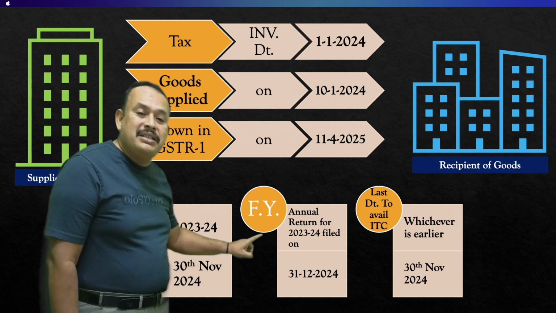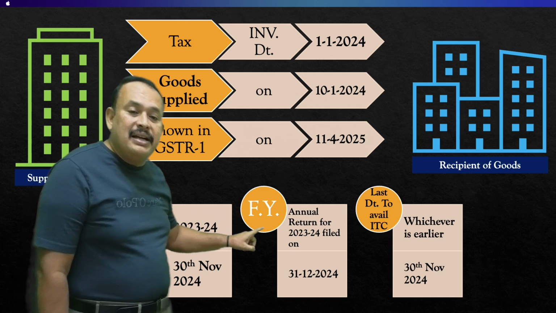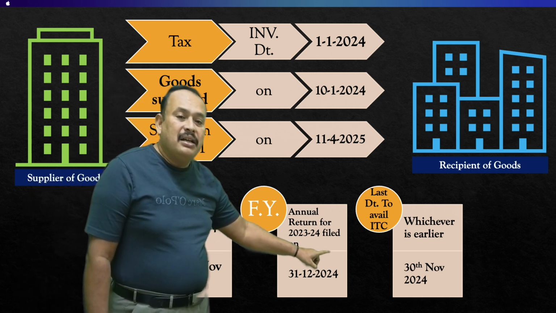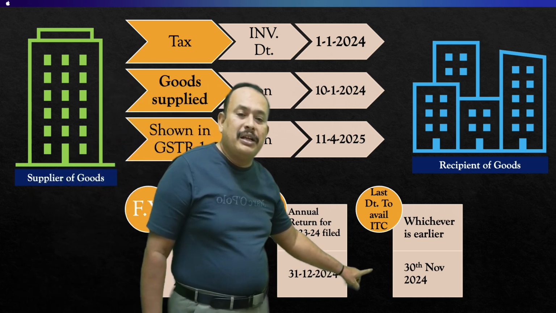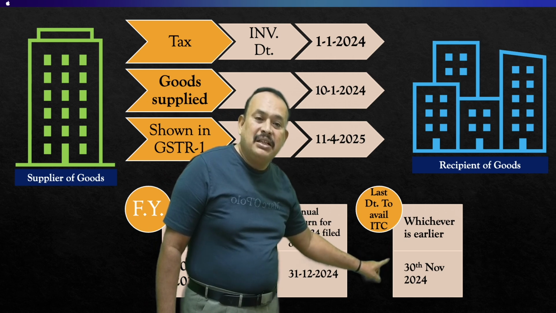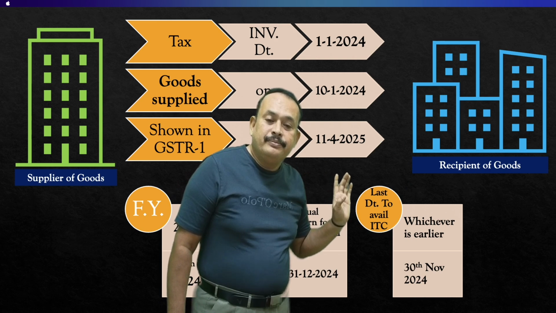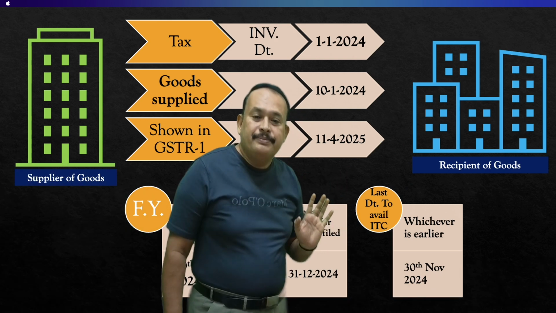Among these two dates, whichever is earlier. What is the earlier date? The earlier date is 30th November 2024. That means on or before this date, this recipient should avail the ITC. This is the time limit to avail the ITC.